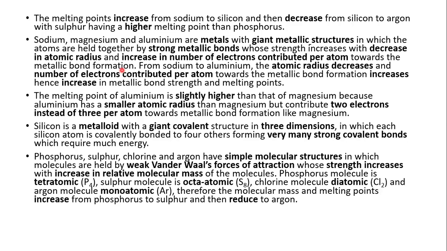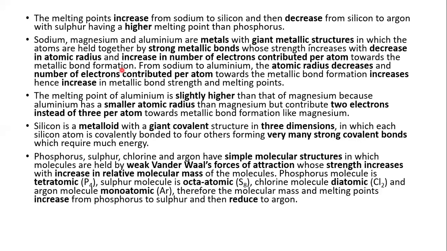Therefore, that's why we saw that the melting point is decreasing from phosphorus to argon, with sulfur having a higher melting point than phosphorus. Sulfur has a higher melting point than phosphorus because it has a higher molecular mass than phosphorus, hence higher strength of van der Waals forces of attraction than phosphorus.